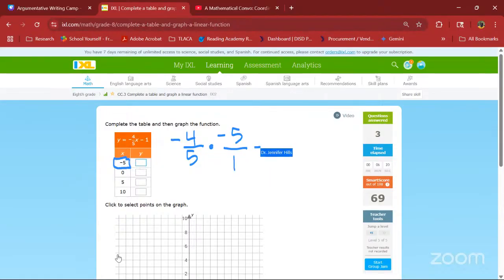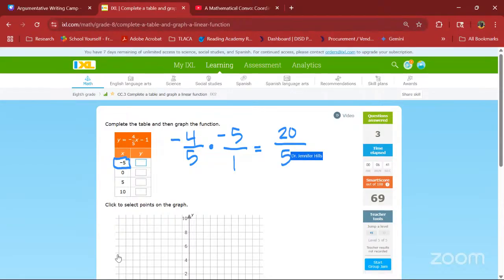Now, all I have to do is multiply my numerators together and my denominators together. -4 times -5 is going to get us a +20, because 2 negatives equals a positive. 5 times 1 is going to get us 5.